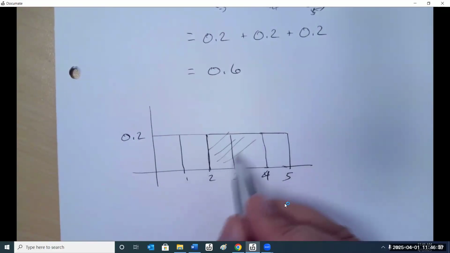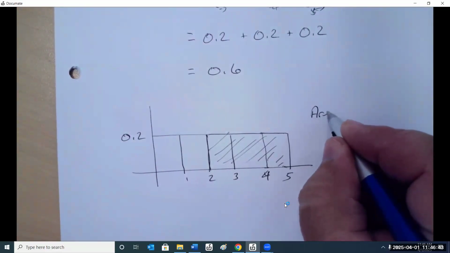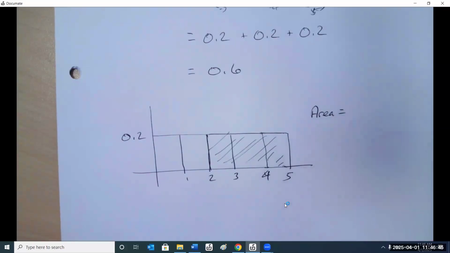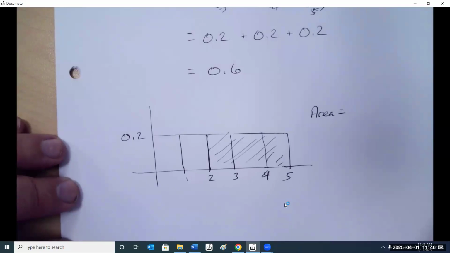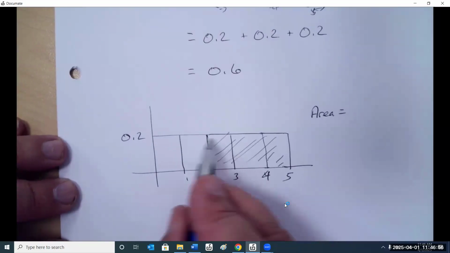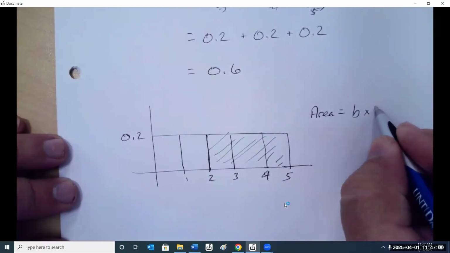We want to know what is that area. So the area of at least 2 minutes, what's the formula for area? Of rectangles. Yeah, base times height.